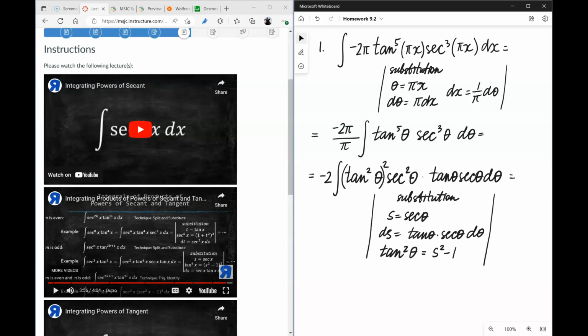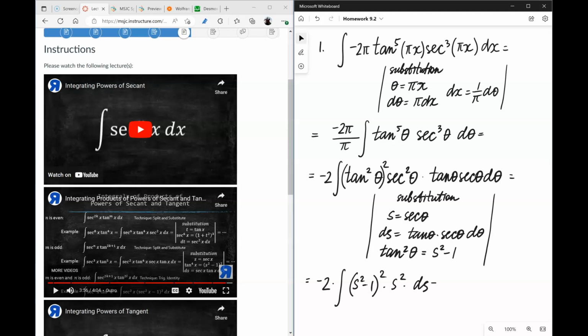So let's implement this substitution. So we have an integral of s squared minus 1 squared times s squared ds.